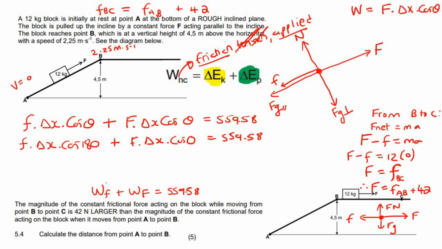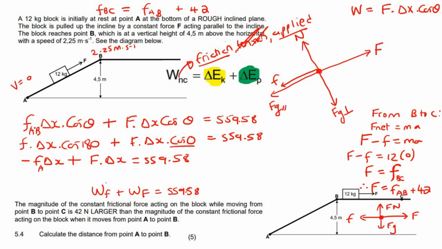Alright, so after sitting and looking at this for a bit, I realized there's actually a sneaky little trick we have to do here. We know that cos 180 is -1, so this whole thing is just going to become negative friction Δx, because that's a -1. Then cos 0 is just 1, so this is just going to become F Δx. And remember, this is the friction of AB.